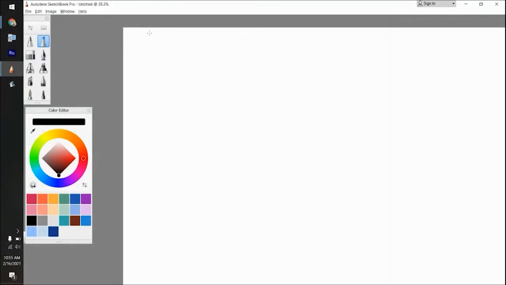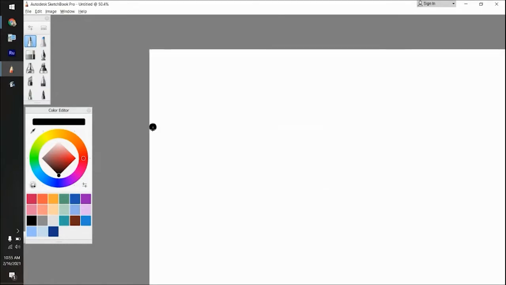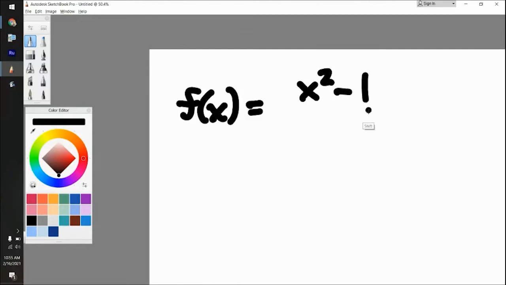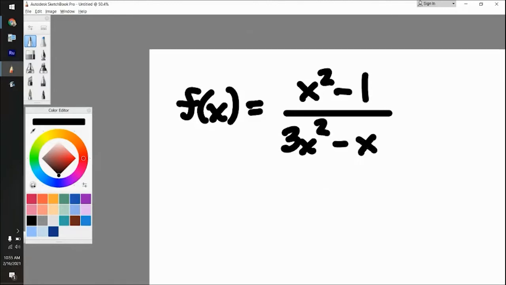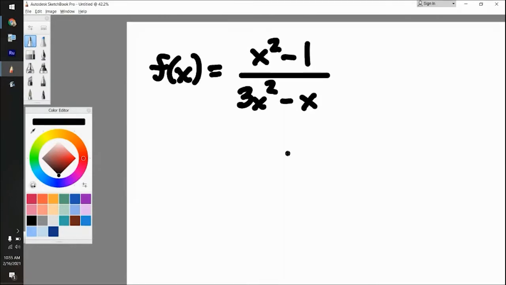It's just a bunch of example problems, and you have to find the vertical asymptote and the horizontal asymptote for each. So let's do f of x is equal to x squared minus 1 over 3x squared minus x. For this problem, I want the vertical asymptotes and the horizontal asymptotes.